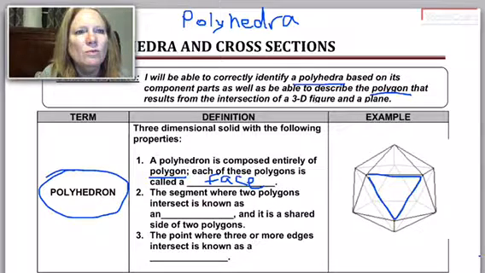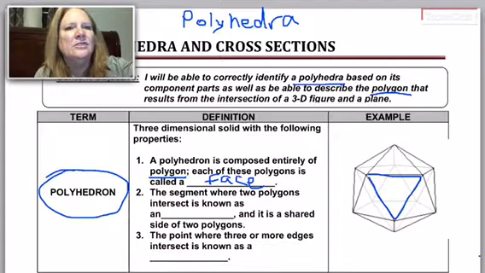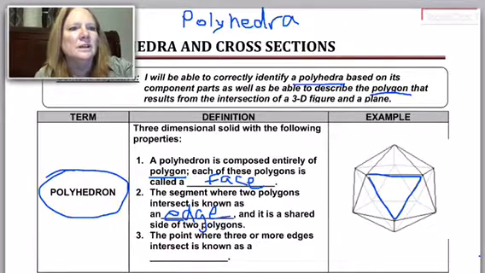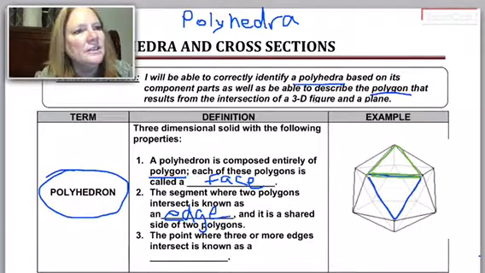Okay, the segment where two polygons intersect is known as an edge. Let me change this color. So this is an edge, and that's the intersection of that blue and this green, and so all of these are edges.